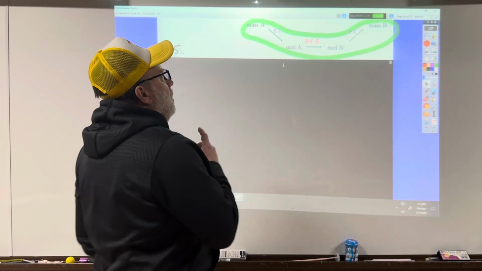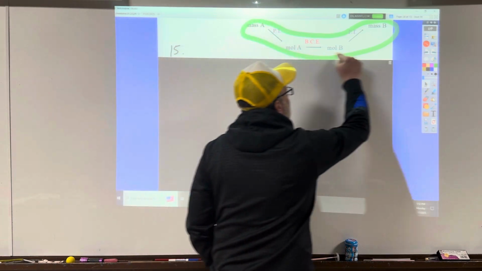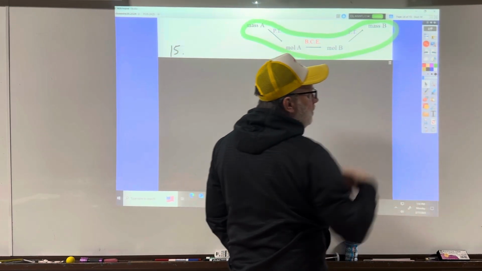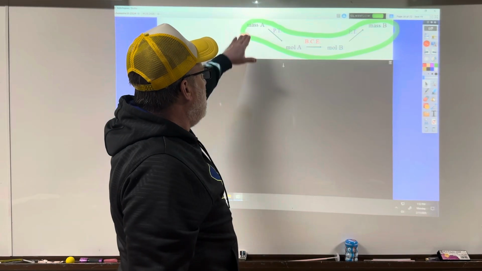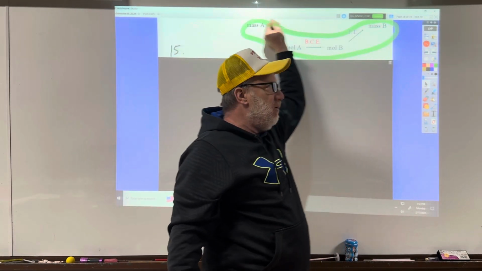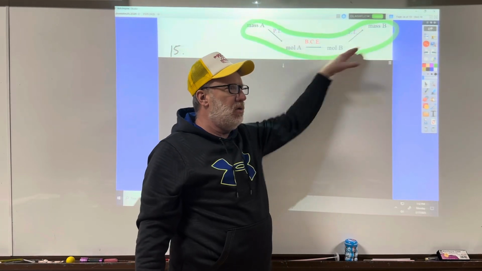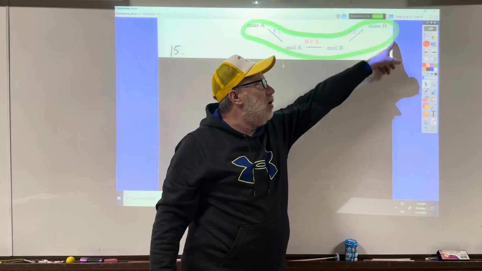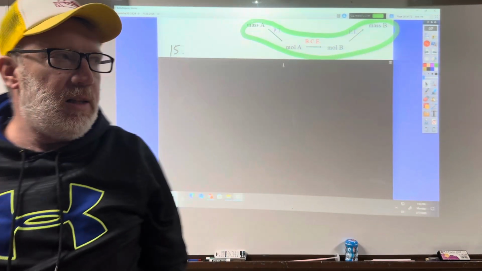So I have circled in green highlighter that we are doing the whole thing. So you should have this mnemonic written down. You should be using it. And it's good to circle what part you're doing so you know how to set this up.